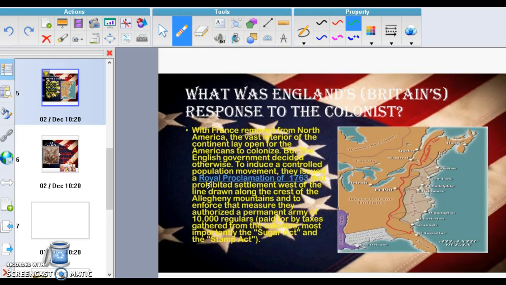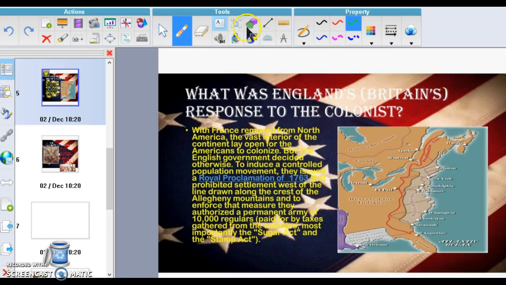But the English government decided otherwise, to induce a controlled population movement, that is, a royal proclamation of 1763 that prohibited settlers west of the line drawn along the crest of the Allegheny Mountains, and to enforce that measure, they authorized permanent armies of 10,000 regular paid by taxes gathered from, most importantly, the Sugar Act and the Stamp Act.